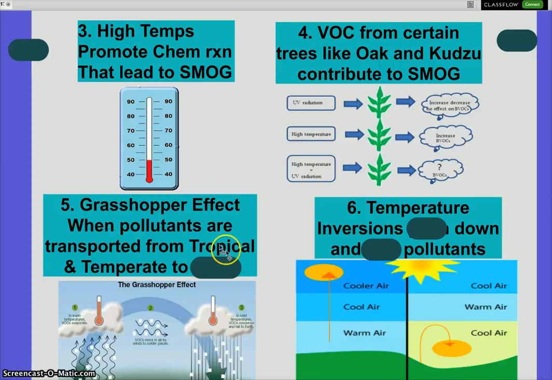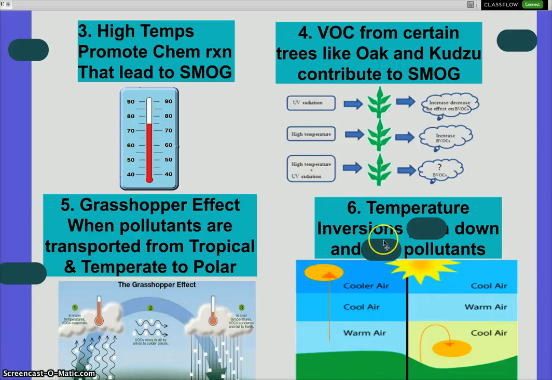Then the grasshopper effect: when pollutants are in tropical areas, although I said high temperatures promote chemical reactions that lead to smog, they also let the chemicals go up and get out of our troposphere, out of their heavy concentration. But when pollutants are transported from tropical to temperate, or from temperate to polar, or from warm to cold, the pollutants tend to fall to the ground or stay more stagnant in the troposphere where you're more affected.